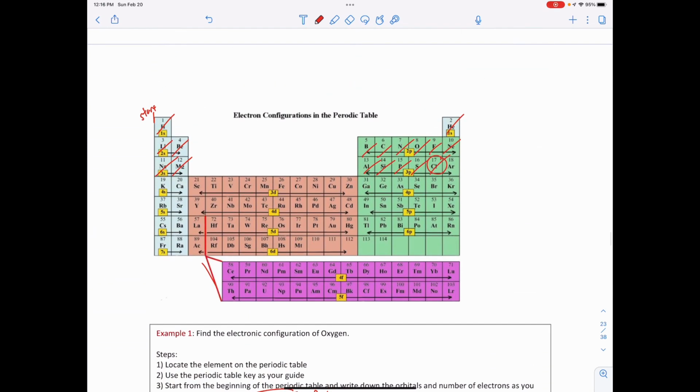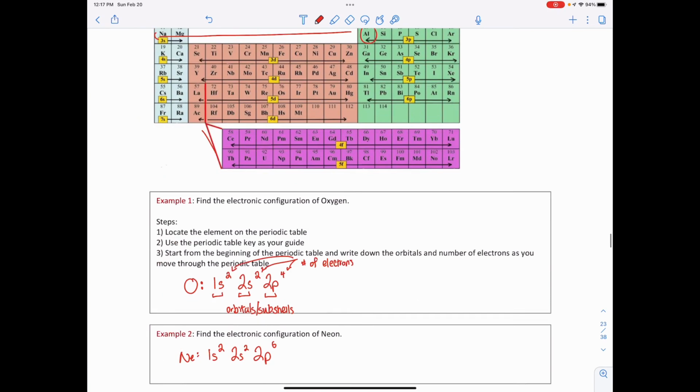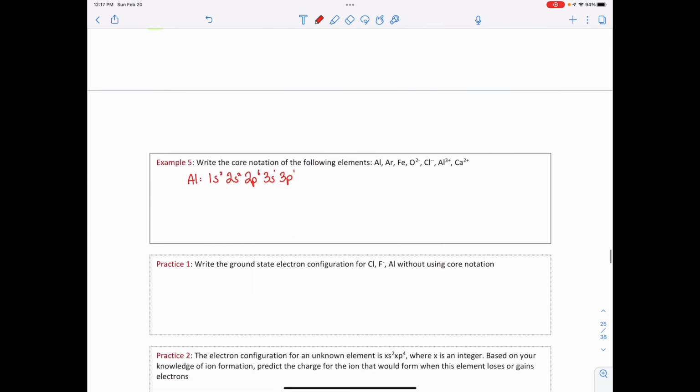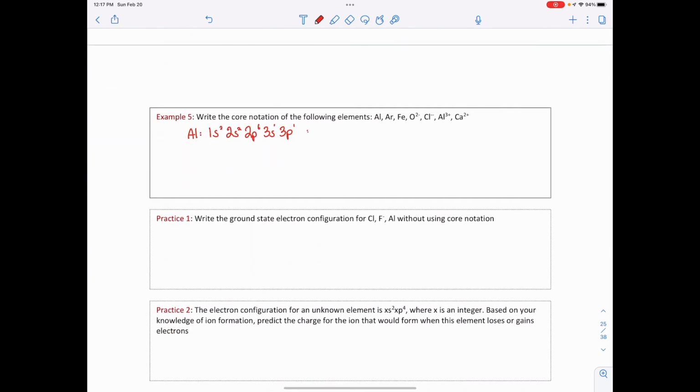So if aluminum is right here, you go backwards, and the nearest noble gas is going to be neon. And so what you can do then is, in square brackets, put in Ne for neon. That represents that I'm going to go all the way to neon.